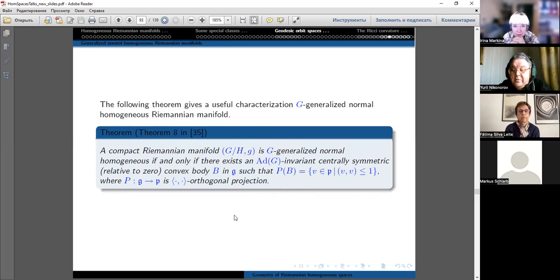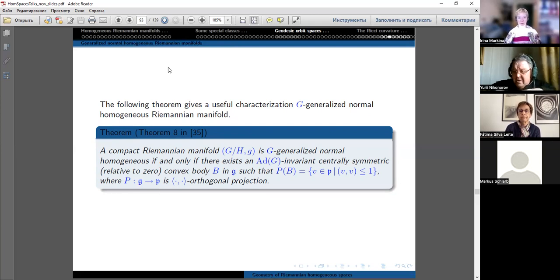For example, if we take any known example of generalized normal homogeneous spaces which is not normal homogeneous, we can find some body which is not an ellipsoid with this property. It's very strange, but in fact it is some relation between Finsler and Riemannian geometry of a very strange kind.